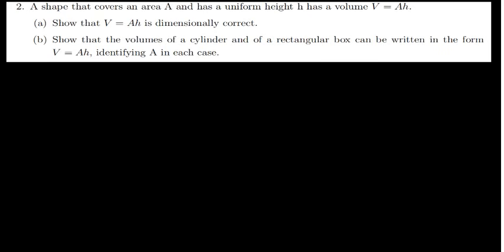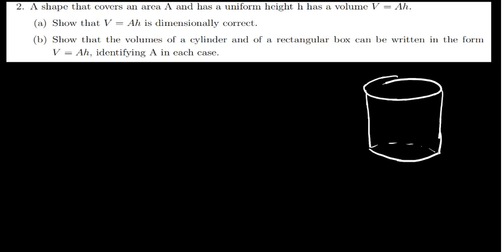Okay, so this is a cylinder. Let's say that is our cylinder. We know that a cylinder has a height, which is going to be h, as well as the radius, which we are going to call r.